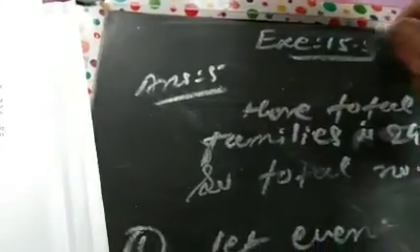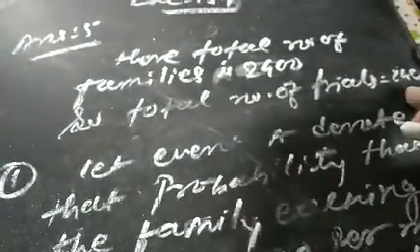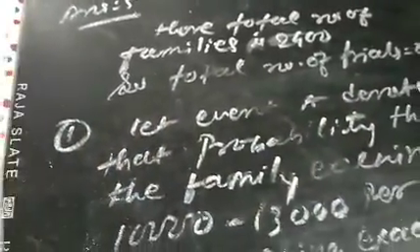Answer 5 of 15.1. So here the total number of families is 2400, so the total number of trials is 2400.